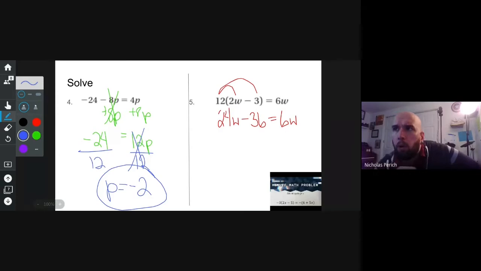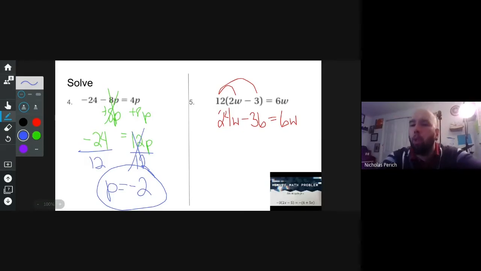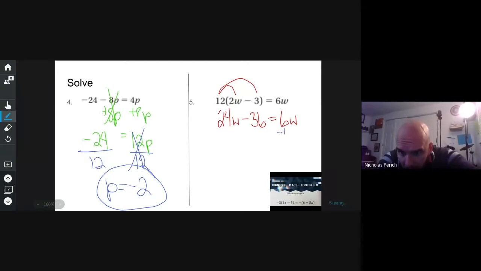I have a 24W on the left, and I have a 6W on the right. I always have been saying this entire time, get rid of the smallest variable if you have variables on both sides of the equal sign. So what I'm going to do is subtract 6W from both sides. Minus 6W, minus 6W, cross you out.